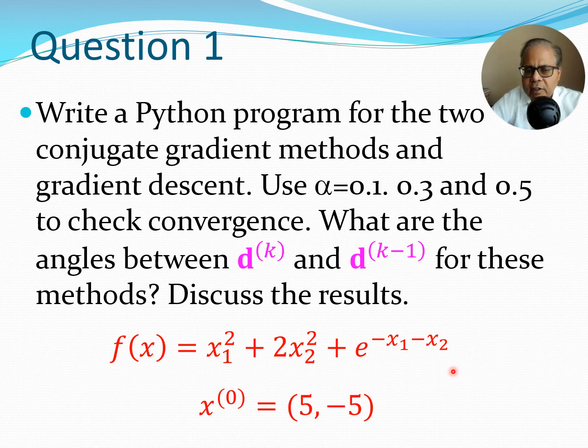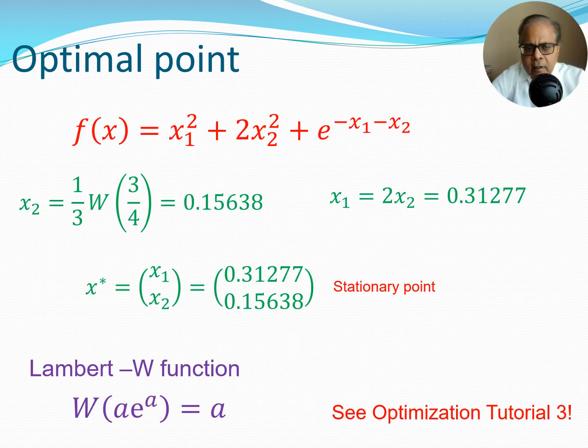And we are going to use the same function which we have used many times before, that is x1 square plus 2x2 square plus e to the power minus x1 minus x2, and we are going to start with the point 5, minus 5, so that's x0. Now let us just review this function. We have looked at it in detail in optimization tutorial 3, but what you can do is that you can take the gradient of this function and set it to 0, and then you can obtain the exact solution.